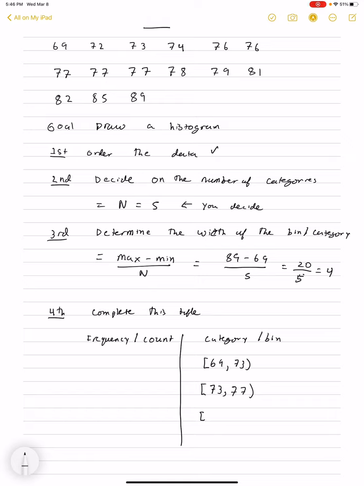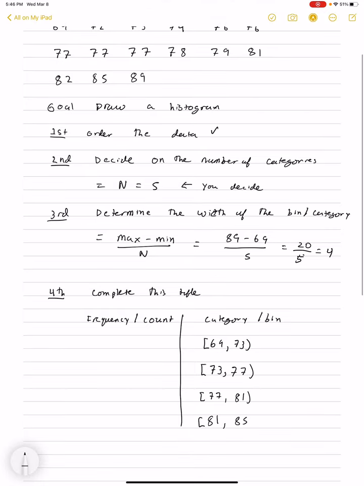I have 5 of these categories, so I'll go from 77 to 81. Then I'll go from 81 to 85. And finally, I'll go from 85 to 89, and I'll have a double closed bracket there because I want to count 89 there.